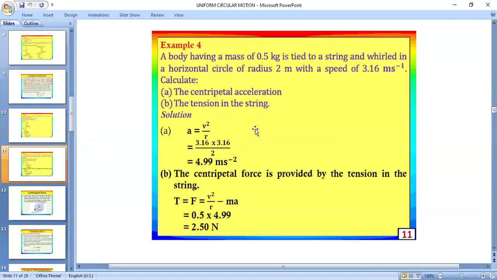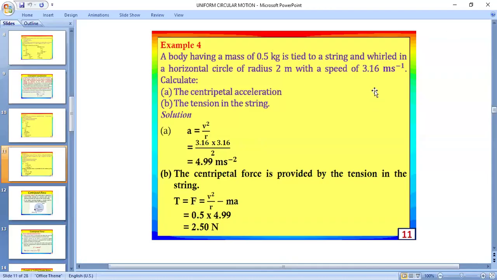Another example: a body having a mass of 0.5 kilograms is tied to a string and whirled in a horizontal circle of radius 2 meters with a speed of 3.16 meters per second. Calculate A, the centripetal acceleration.